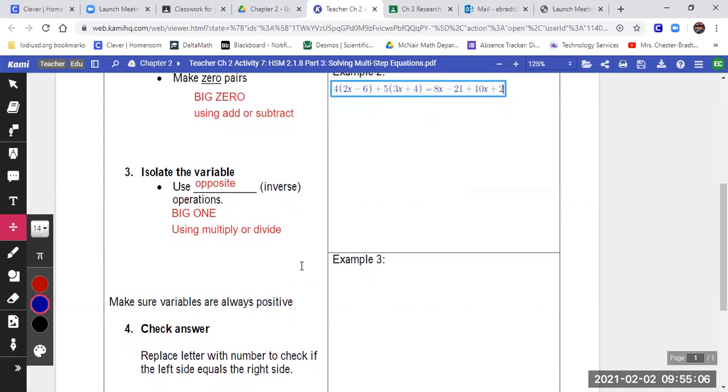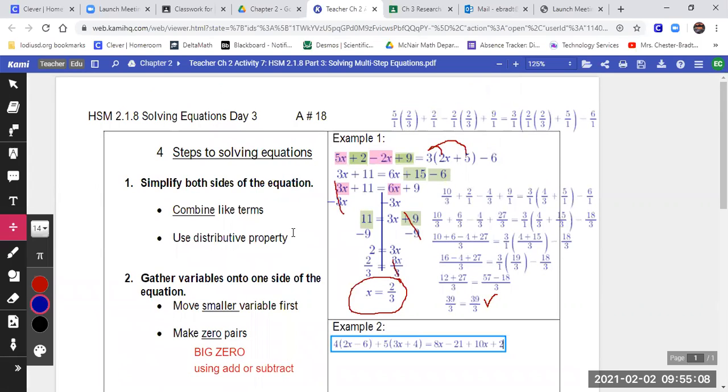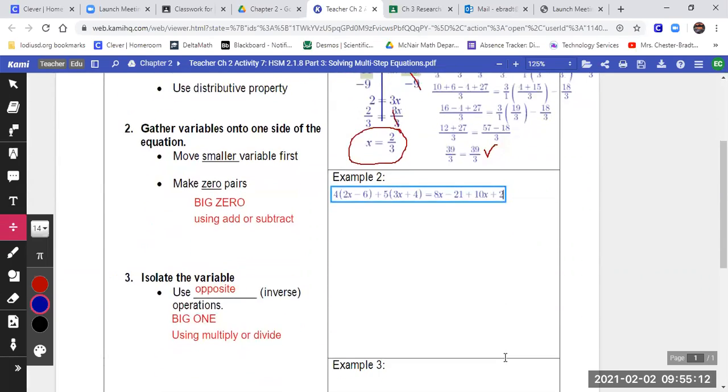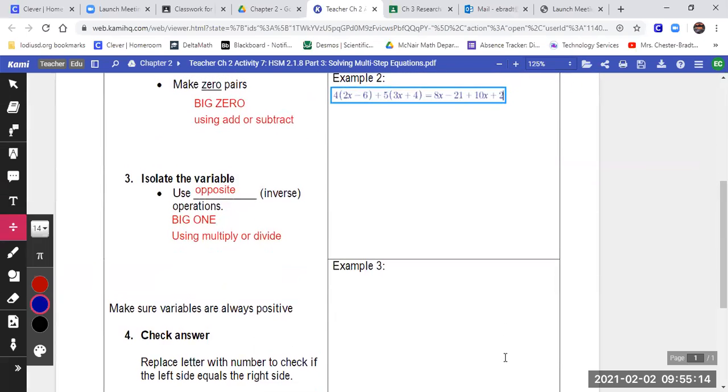Okay, according to our rules, first things first, we have to combine like terms. So that means we always look for sides that have more than one x showing or more than one number showing. Which side, not parentheses, which side is a string of more than one x, more than one number? The left side or the right side?